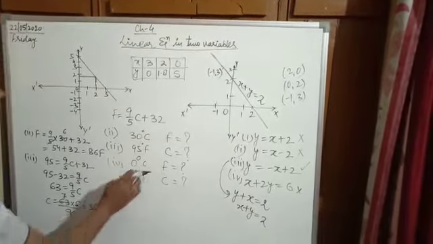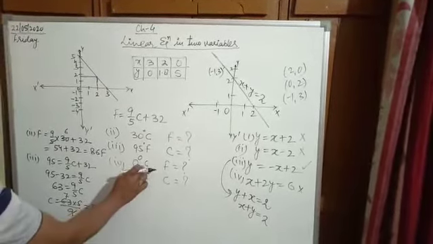And in the fourth part, if 0 degrees centigrade, then F will be 0 plus 32, which is 32.